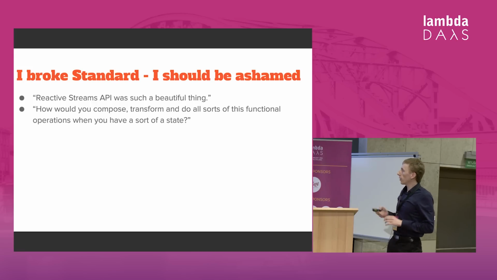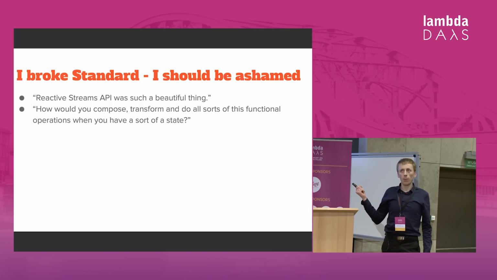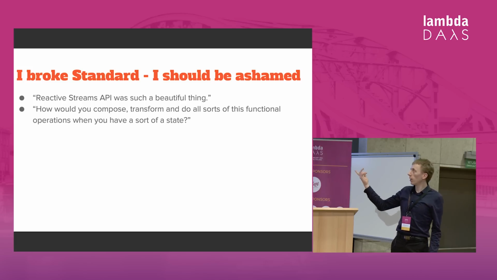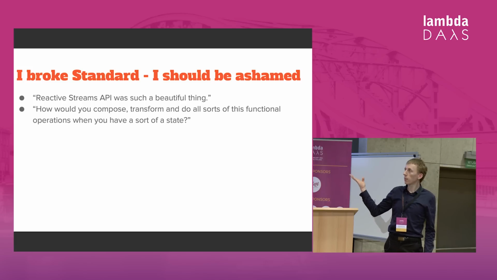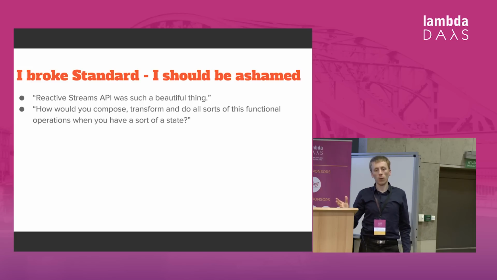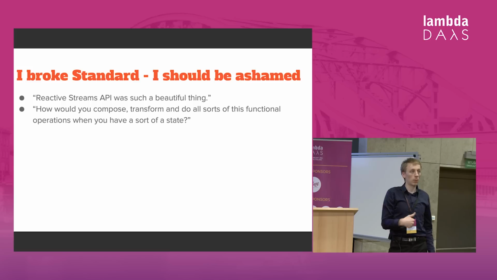And as for the claim that I broke the standard, I don't think I'm breaking it, because the concept is, frankly speaking, more general than reactive streams. If we leave the context expire method empty and have a context that is actually empty, we come back to a regular reactive streams API.